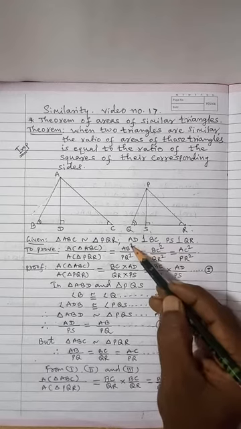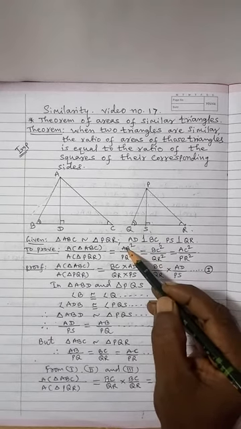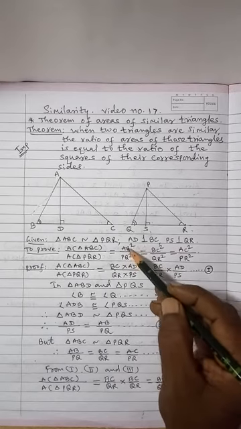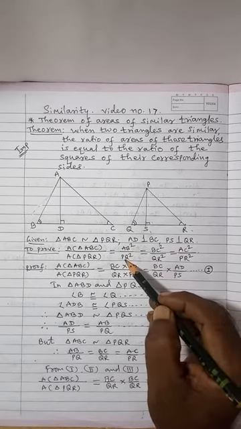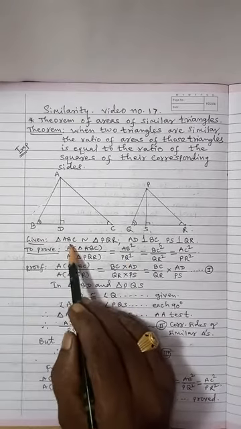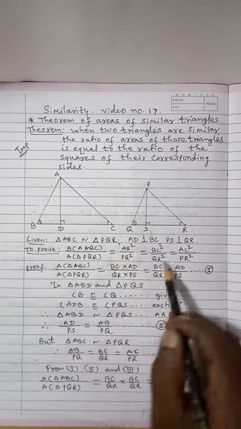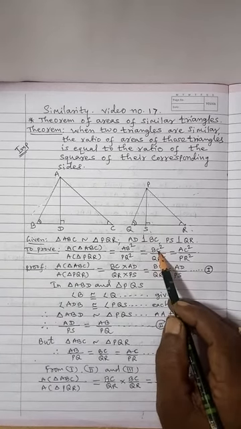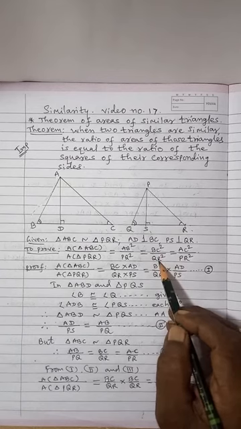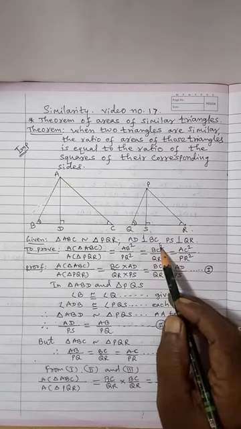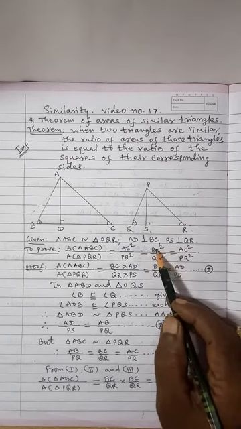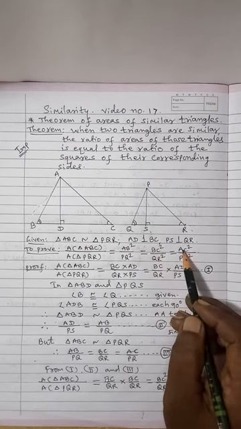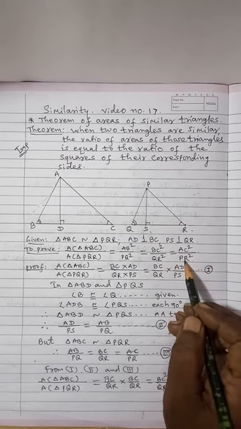BC and QR are the corresponding sides, so we get BC square upon QR square. Also AC square upon PR square.